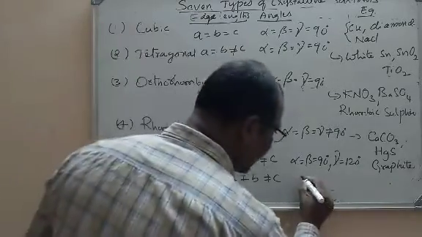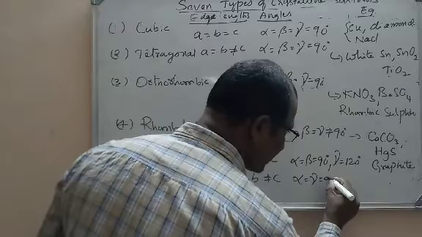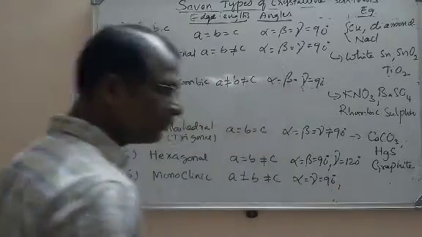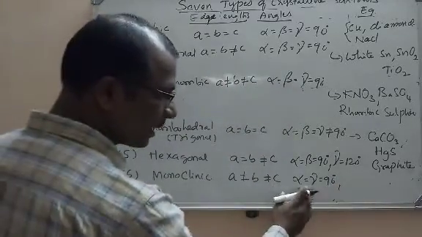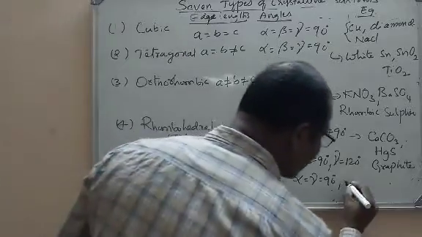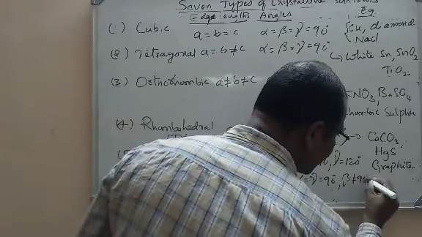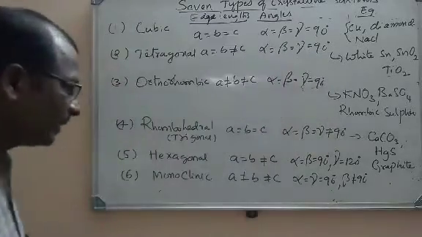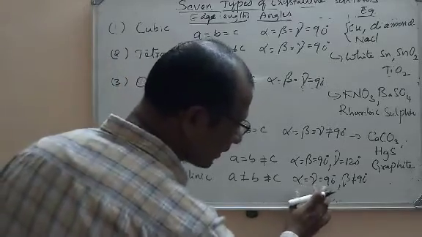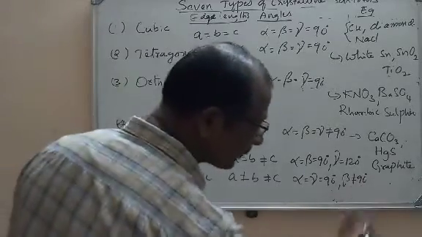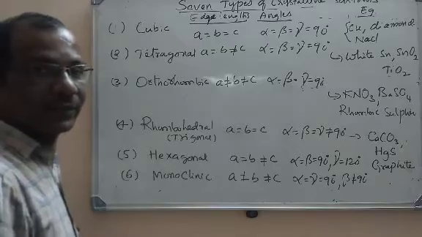At the same time here alpha is equal to gamma is equal to 90, and beta is different from 90.